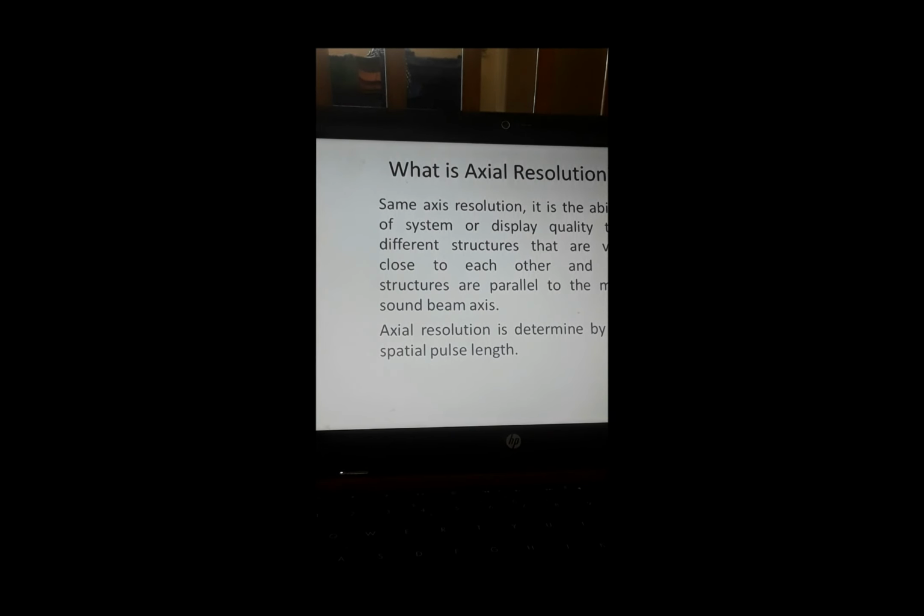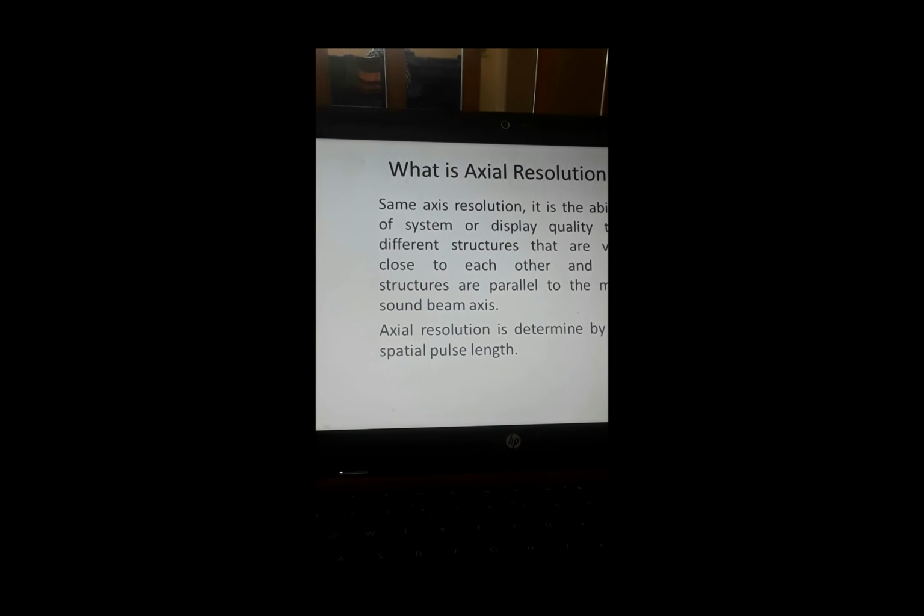It is the ability of the system to display two different structures that are very close to each other, on the same axis and parallel to each other.